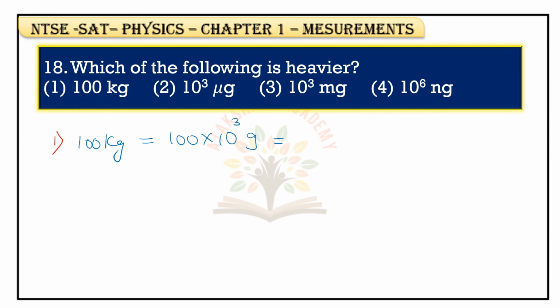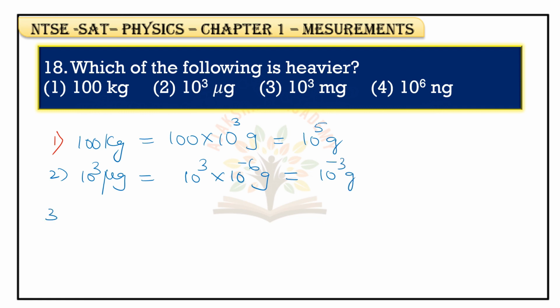So this can be written as 10 to the power of 5 grams. Now second option, 10 cube microgram. So this is equal to 10 cube into 10 to the power of minus 6 grams. So this is equal to 10 to the power of minus 3 gram.